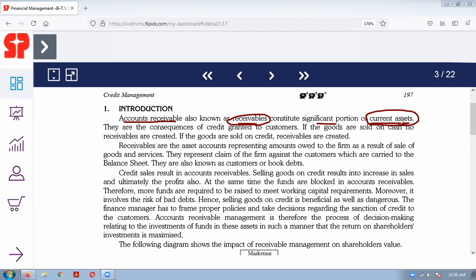So you know that in the balance sheet there are two types of asset category: one is the fixed asset category and another is the current assets. So debtors will come under current assets. Receivables, bills receivable, debtors, etc. together are called receivables, which will be part of current assets. So this you have to remember.